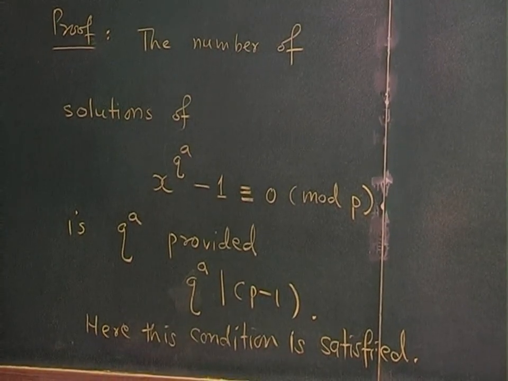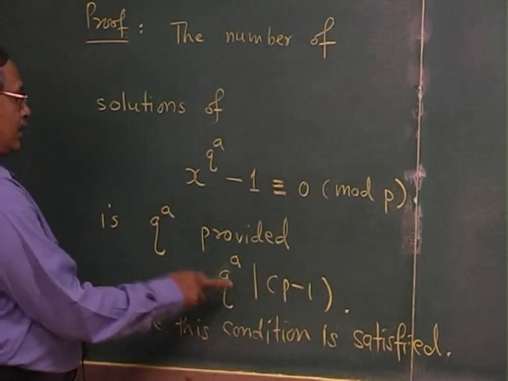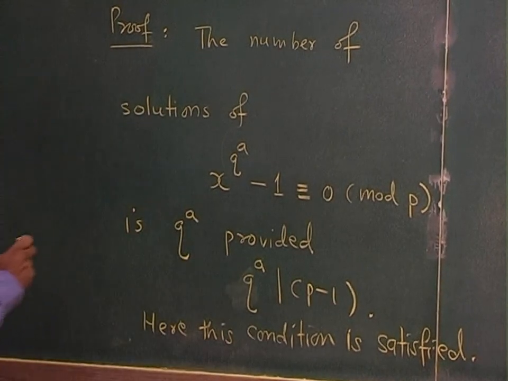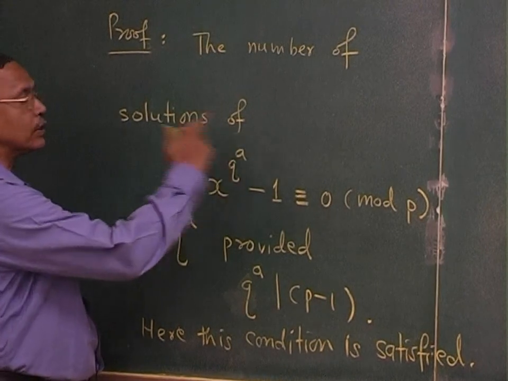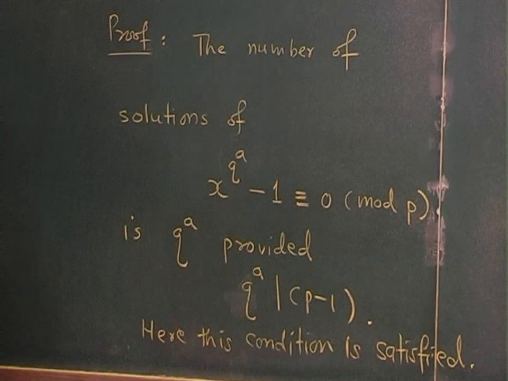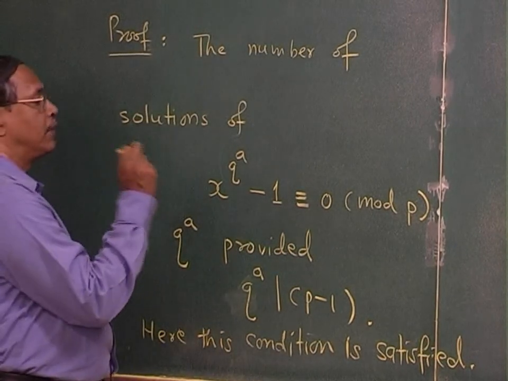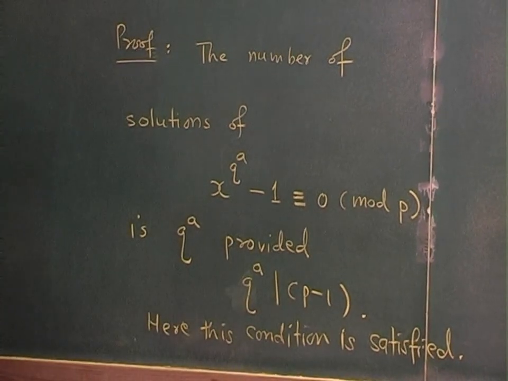Now, these are the elements, q raised to a elements are there, whose order divides this q raised to a. Okay. X raised to d minus 1 congruent to 0 mod p. Some element satisfies such a congruence equation.